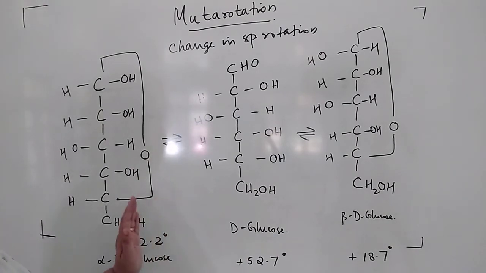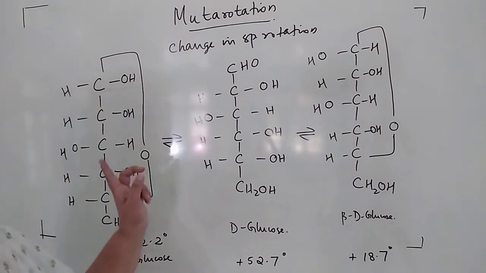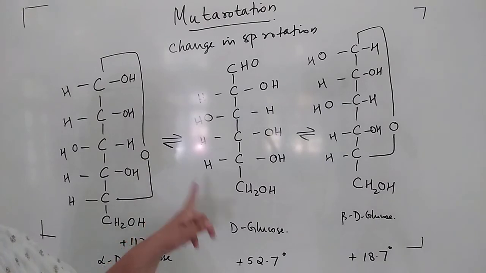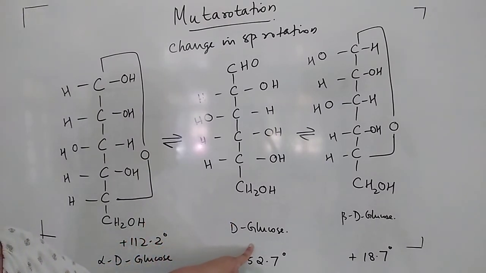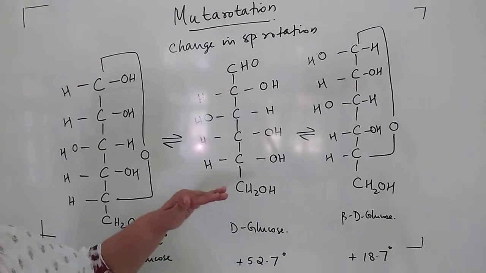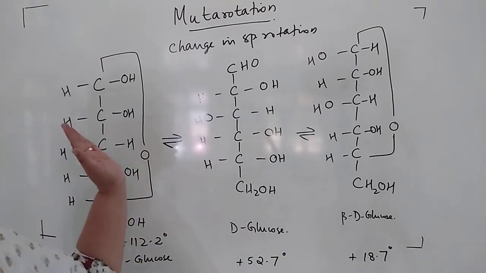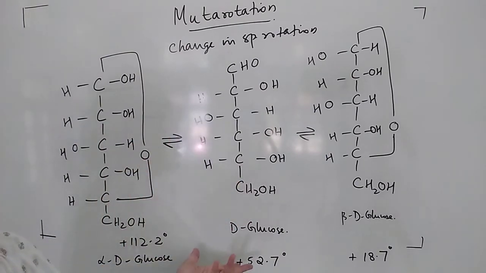Suppose you are taking alpha D glucose, which has a specific rotation of plus 112.2 degrees, and dissolving it in water. Once you measure, the rotation will reduce to plus 52.7 degrees, and then it becomes steady, because the alpha D glucose in solution is converted to the open chain structure.